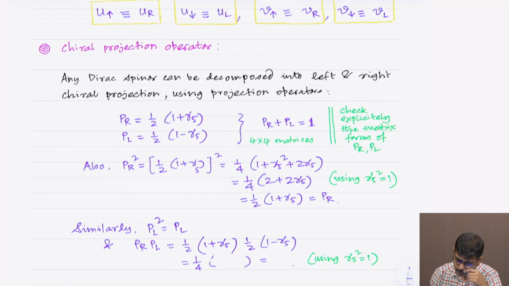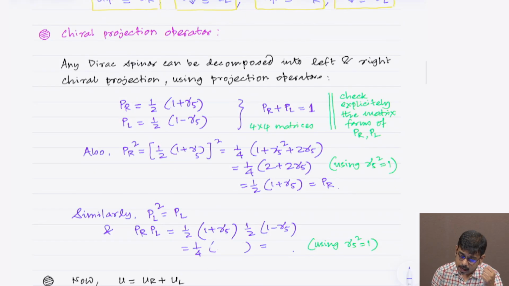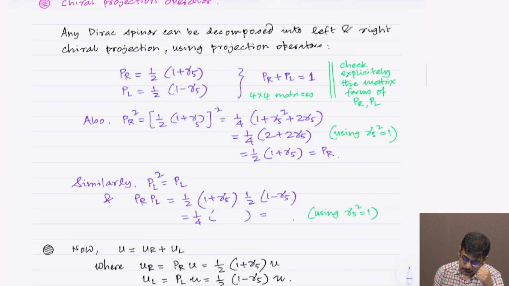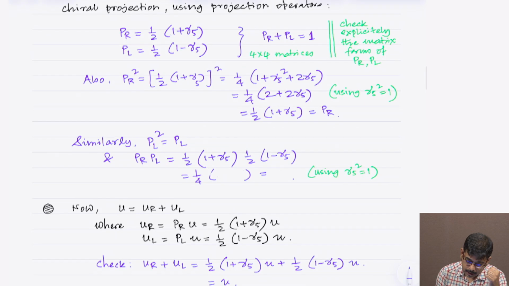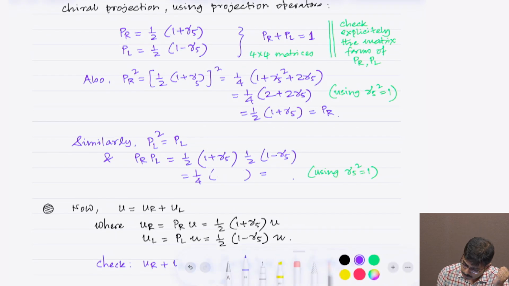That 1 is also not 1, it is the 4 cross 4 identity matrix, but whatever. So, this is 2 plus 2 gamma 5, the 2 gets cancelled, and this is half into 1 plus gamma 5. This is turning out to be PR. So, PR square is essentially PR. Similarly, you can show that PL square is equal to PL.